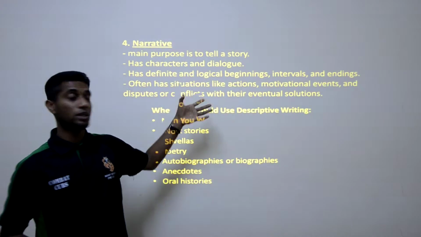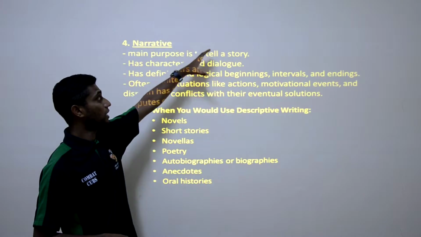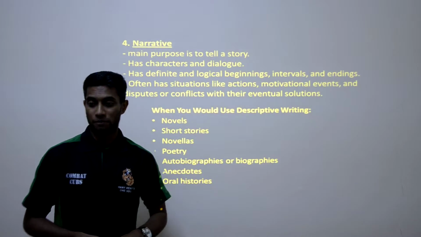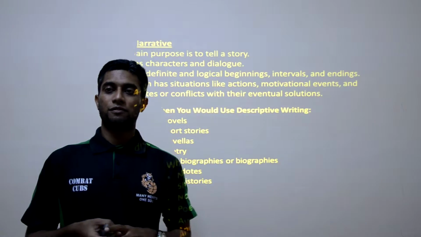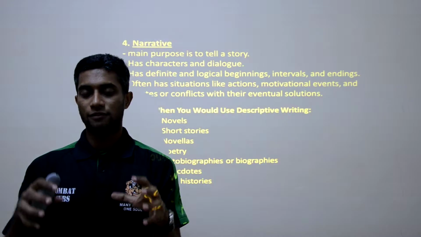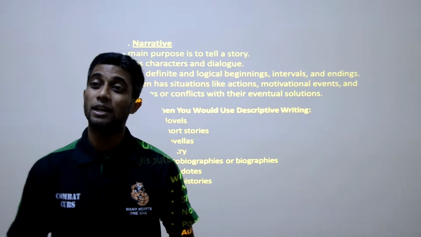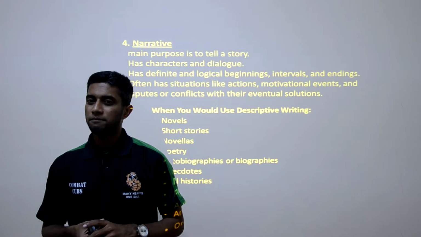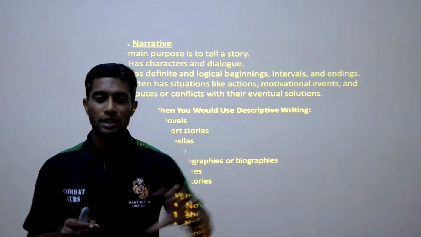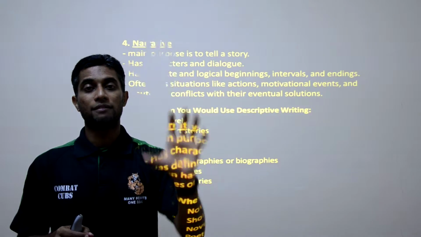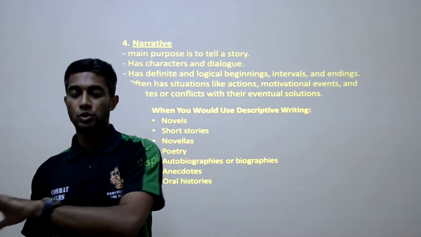Now this is our today's focus, the narrative style to tell a story. So this kind of technique has characters in it. Sometimes they may have dialogues. The fact is, they have a beginning, they have a climax, and they have a resolution.